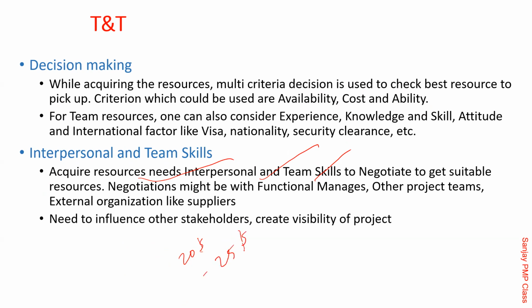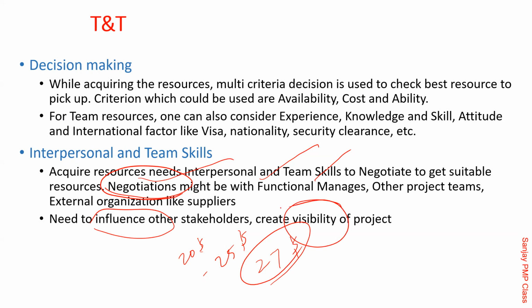And you get an exceptionally talented guy whose rate is $27. Okay, now negotiation, with whom? Sponsor. I have to tell him, "Sir, $27 wala hai, thoda zyada hai, but still look at it." So you'll have to do it. Influence, as Aniruddha is saying, is absolutely required. For that, sometimes you need to create visibility. That is important, and I'm sure everyone will agree.